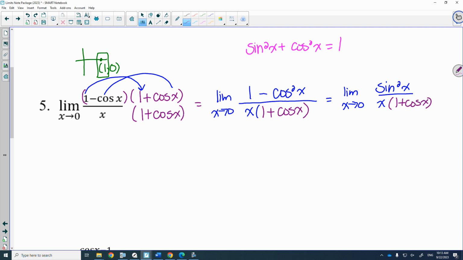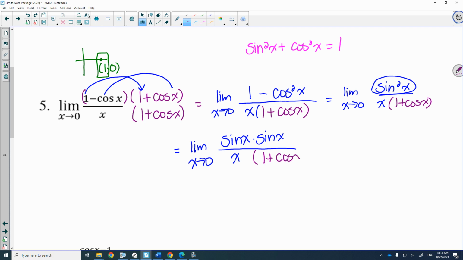Okay, I'm going to rewrite my numerator to look as follows. So sine squared of x, so the limit as x approaches 0, that's really the sine of x times the sine of x all over x, and then we had 1 plus cos of x.